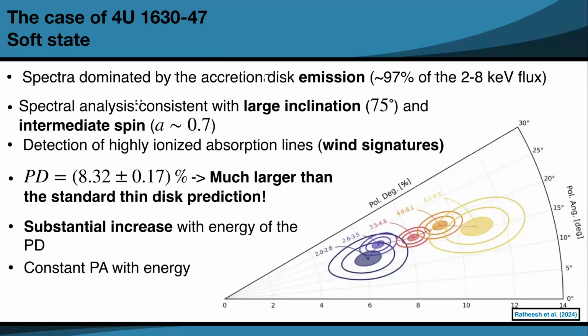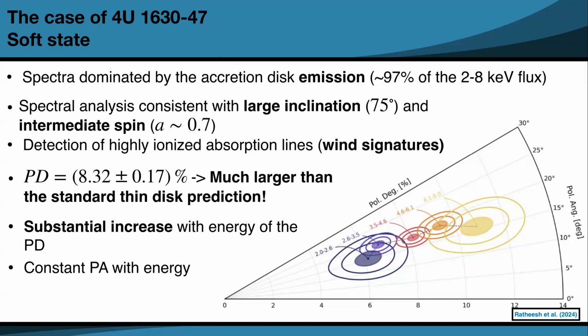But the most interesting part is the polarization results, because in this case, the polarization degree was found to be around 8.3%, so way larger than the prediction from the standard model. This was observed with a sizable increase of the polarization degree with energy, going from around 6% up to 12%, while the polarization angle remained basically constant with energy.